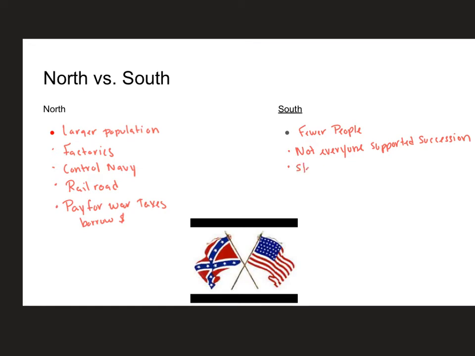They were able to use slaves as labor, though, so more Southern men could fight in the war. They had Robert E. Lee, who was actually a very, very strong general, even though he was a Southerner and supported slavery. They were fighting on their ground mostly, most of the battles.